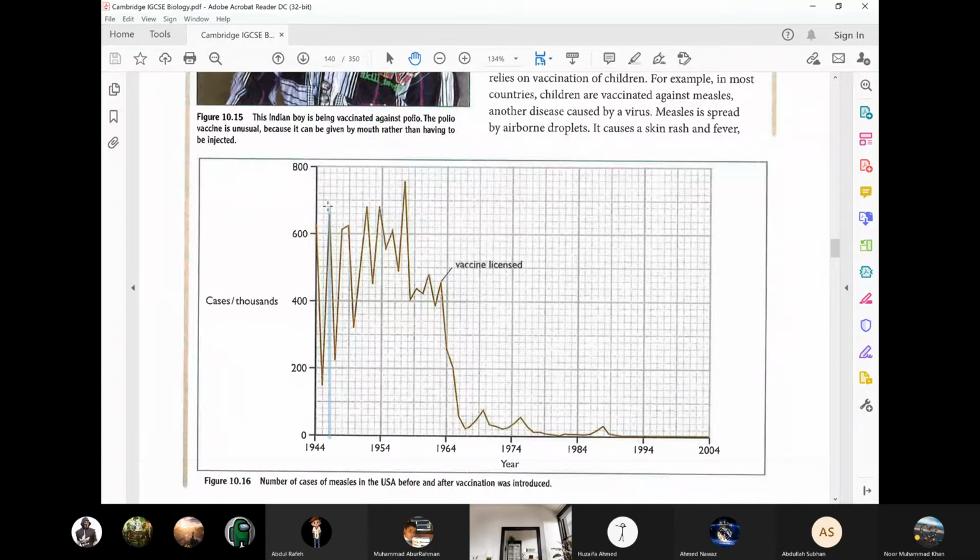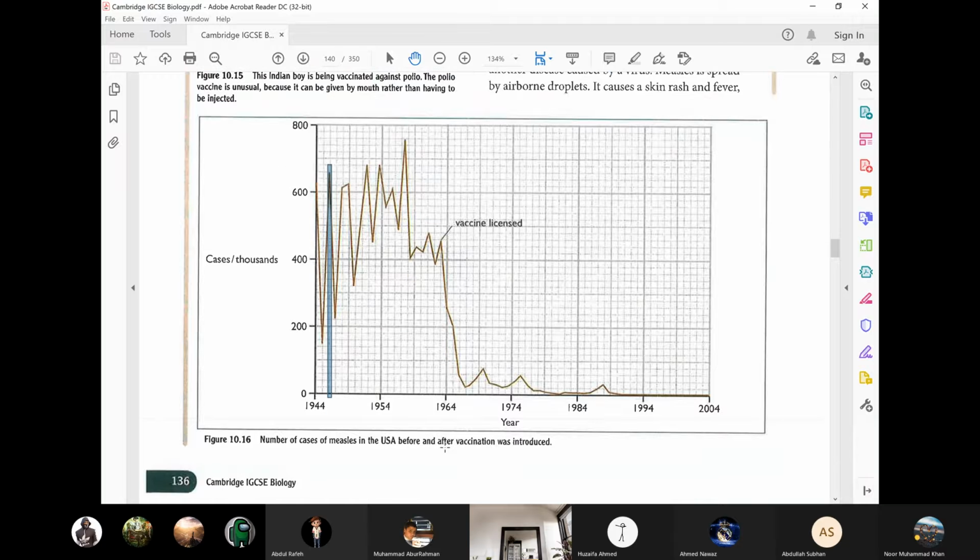You will tell year wise how the number of cases is changing every year up till 1964. Got it, boys?